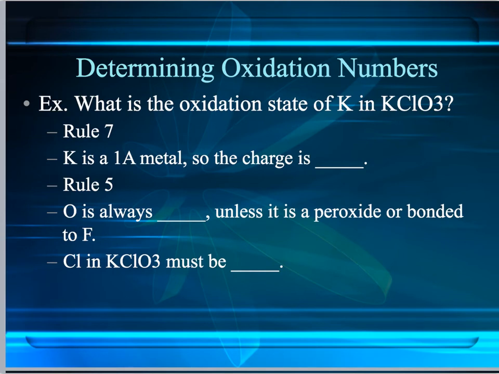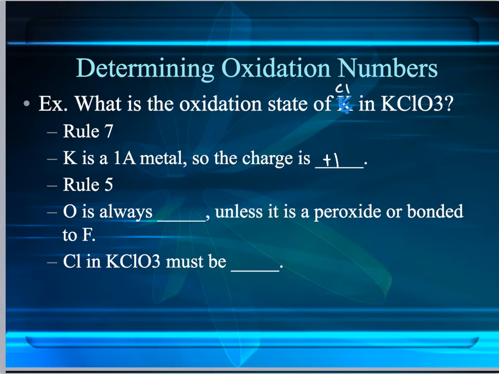Okay, so example here, what's the oxidation state of, well, actually I'm going to just cross that out because we know potassium already. The one that we don't know from this is chlorine. Okay, potassium is a 1A metal, so its oxidation number and charge is +1.